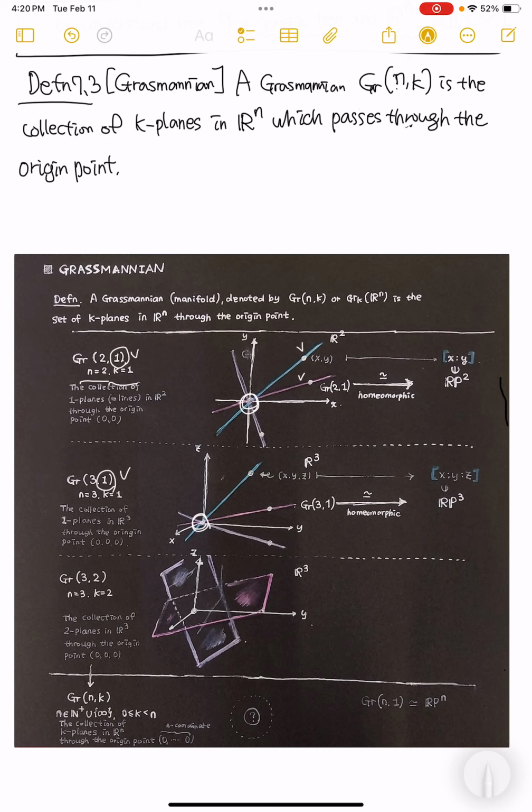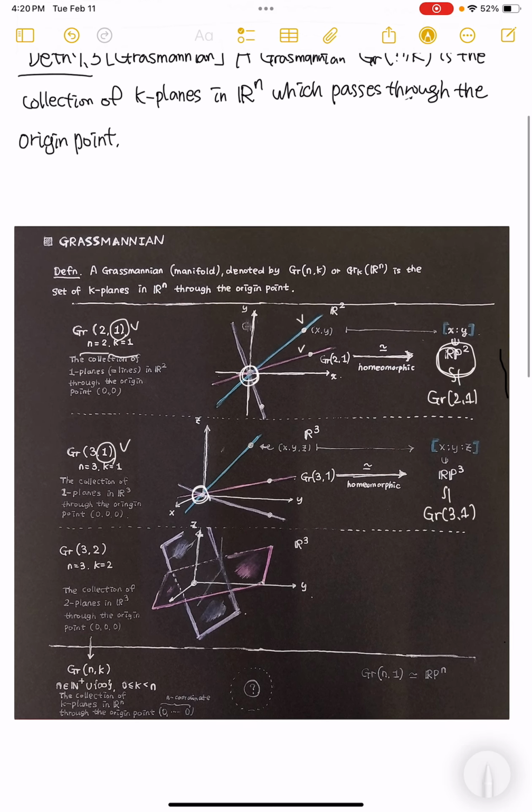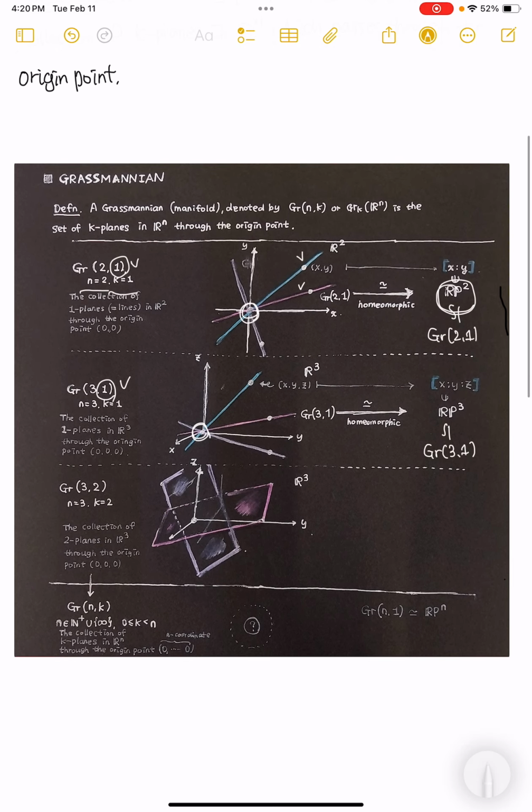If k is equal to 1, that is homeomorphic to the real projective plane. If k varies like this, the line just changes to a plane, but the plane also passes through the origin point.